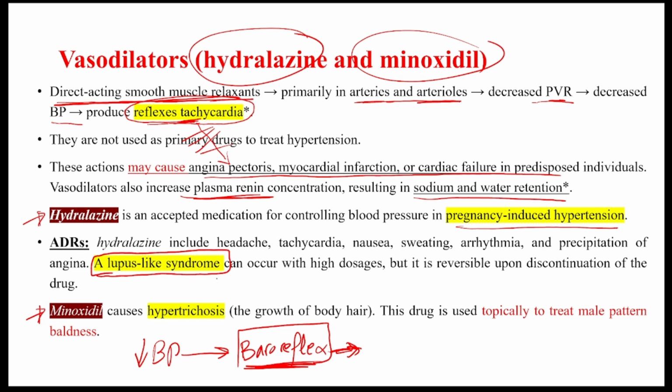This is considered reversible. When the patient stops the medication, the symptoms will disappear. So which medication may cause lupus-like syndrome? Hydralazine. Minoxidil works directly on the smooth muscle and causes hypertrichosis, which means increased growth of body hair, and this is now used topically to treat male pattern baldness.